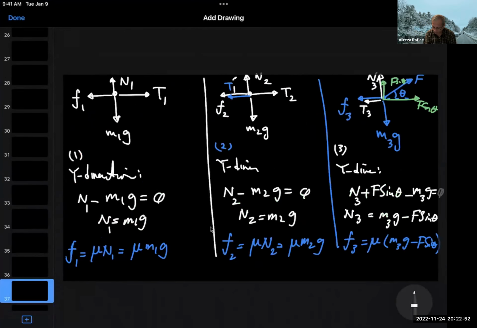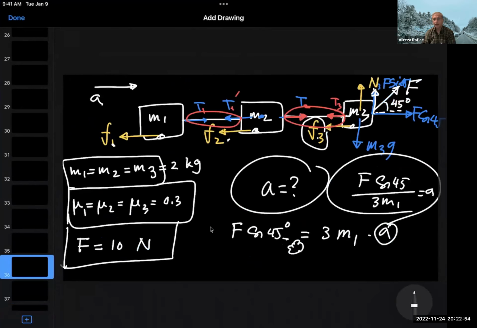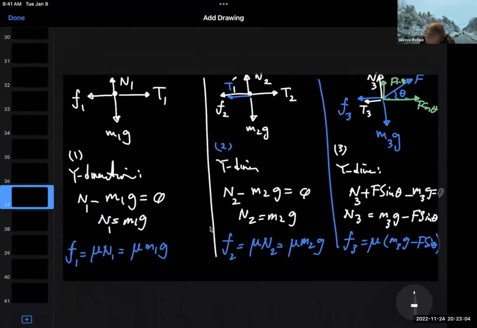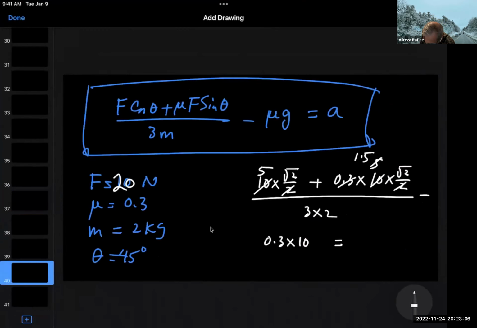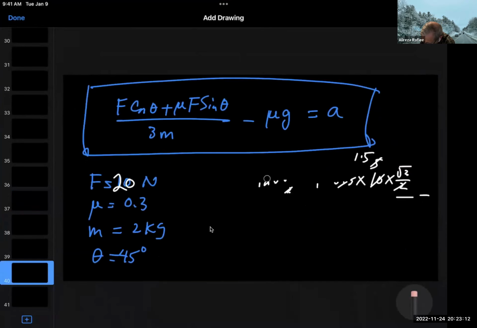So if you apply 10 Newton, it's not going to do the job because of the friction, the objects are too heavy. Now let's see if there is no friction. Does that work? So if there's no friction, means mu is 0. What do you think is going to happen with even 10 newtons?